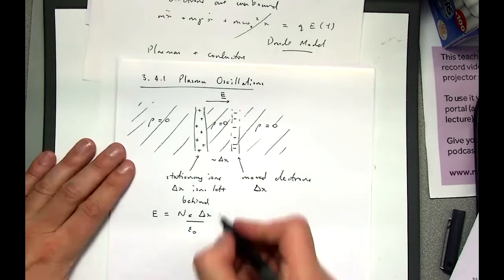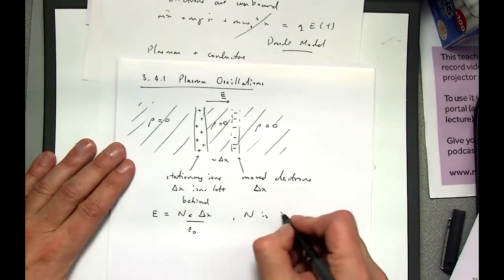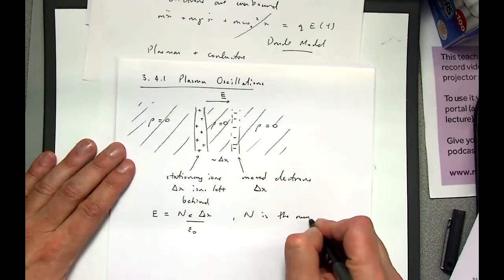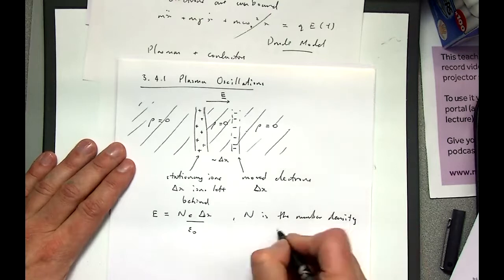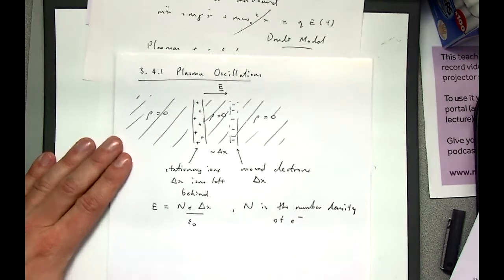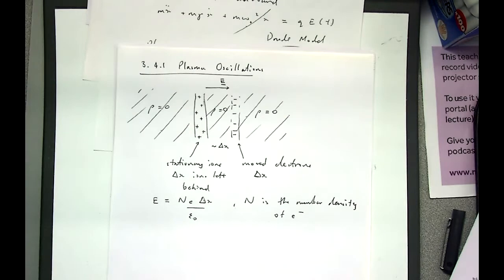So N is the number density per unit volume of those moved electrons. You may wonder how many are moved. Well, we won't worry about it. It'll cancel out in a second.